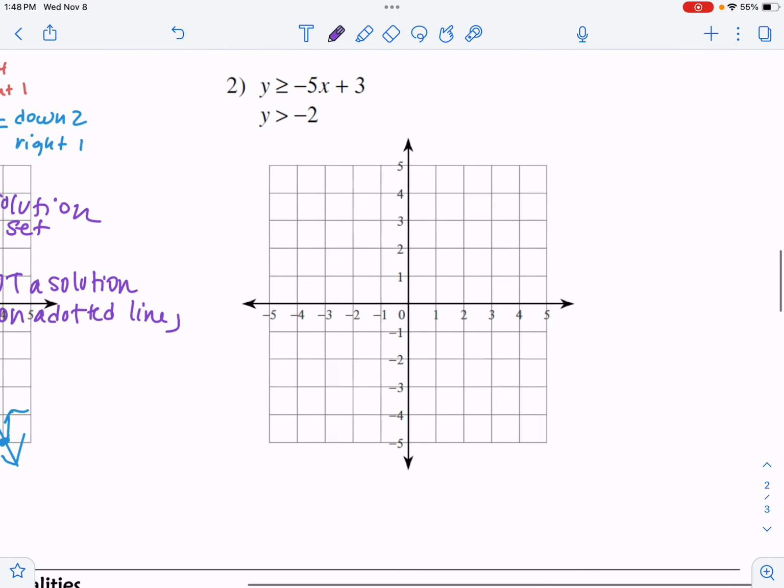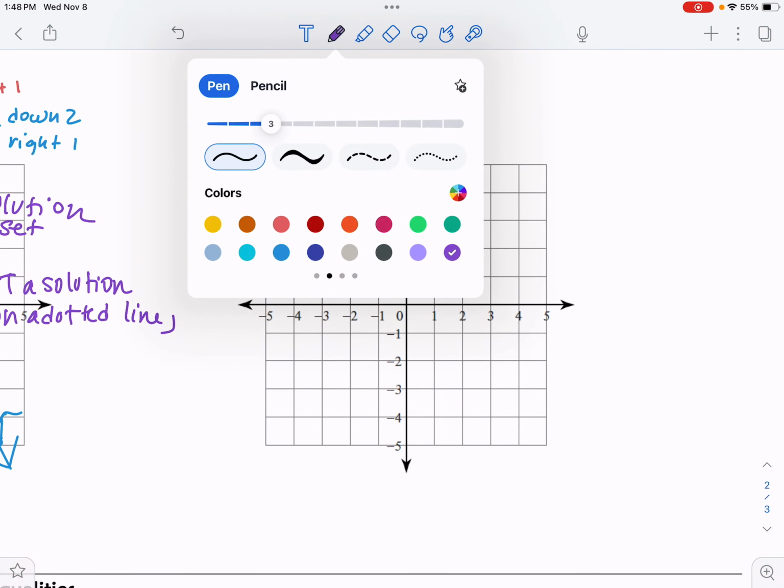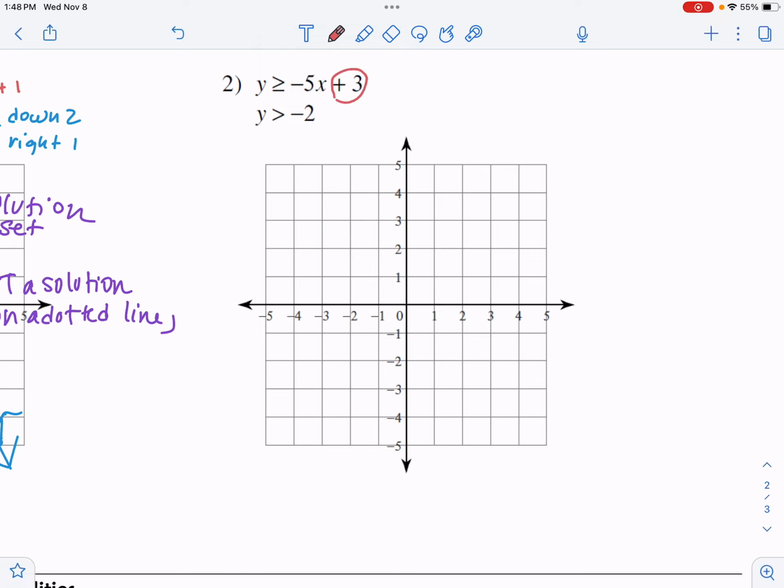Okay, so looking at the second one, the y-intercept is 3, so we're going to start there. And then the slope is -5.